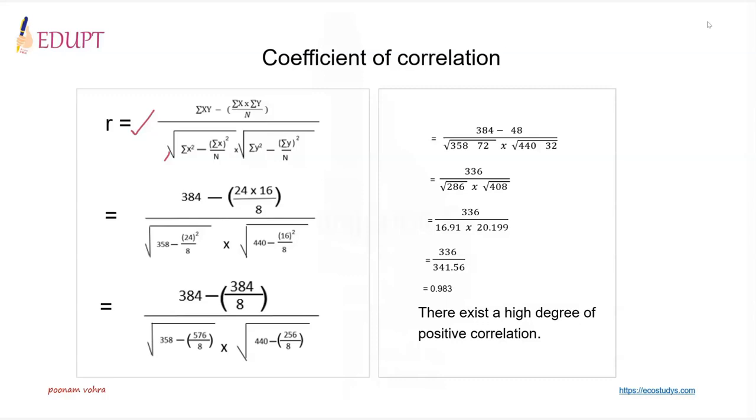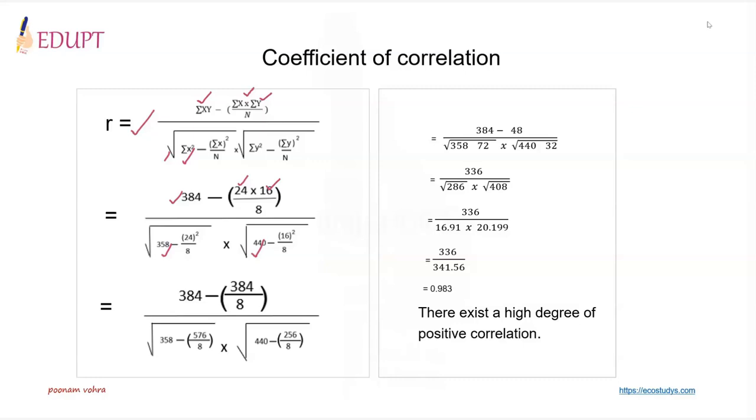We have found sigma xy as 384. We have found sigma x and sigma y, which are 24 and 16. We have found sigma x square, which is 358. Sigma x whole square we have already found, and sigma y square we have found as 440. Rest all values have been found.